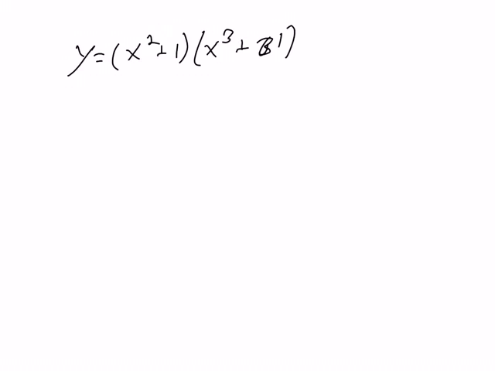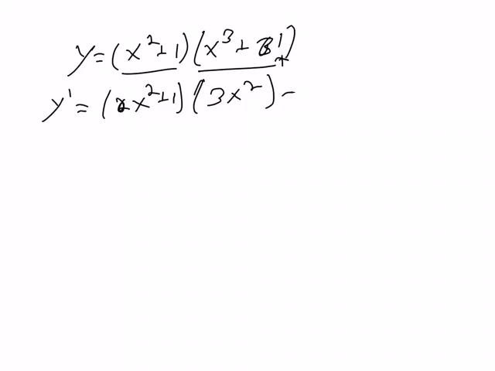Do your answers agree? Hopefully they will. So first we just leave this the same, x squared plus 1, and then we take the derivative of this, so this is going to be 3x squared, and the 1 vanishes, plus, and then we leave this, so we get x to the third plus 1 times, and then we take the derivative of this, which is 2x.